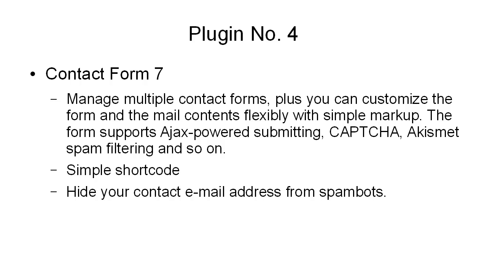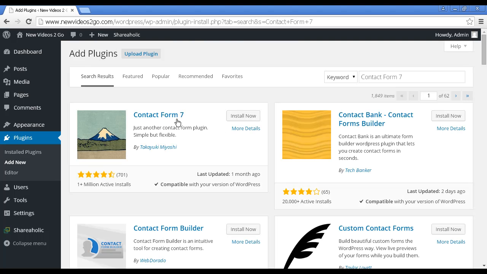The form supports Ajax-powered submitting, CAPTCHA, Akismet spam filtering, and so on. There's a very simple shortcode to insert it into your blog, and it enables you to hide your contact email address from spam bots. And this is the one we want, Contact Form 7.